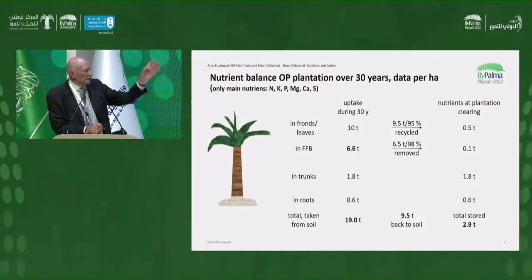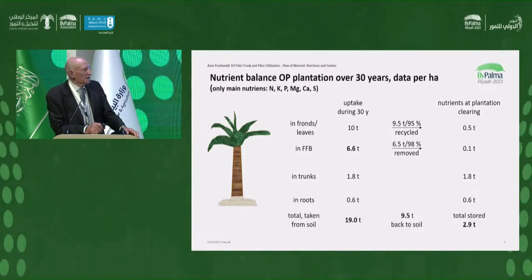We did the same with the nutrient balance. You see in the left column the uptake of nutrients over 30 years, the lifetime. Altogether, 19 tons of nutrients are taken up by the oil palms. 6.6 end up in the fresh fruit bunches. And in the right column, you see the nutrient accumulation at the end of the lifetime when the plantation site is cleared.